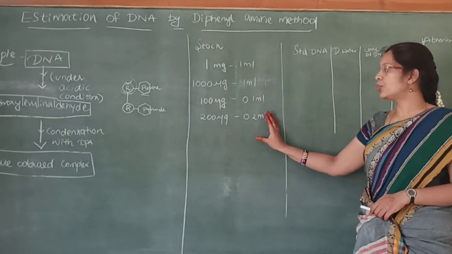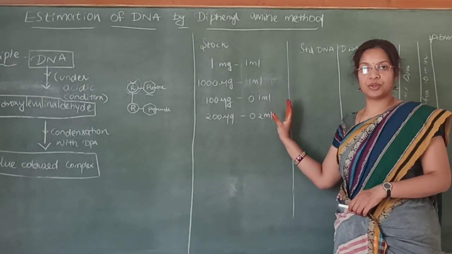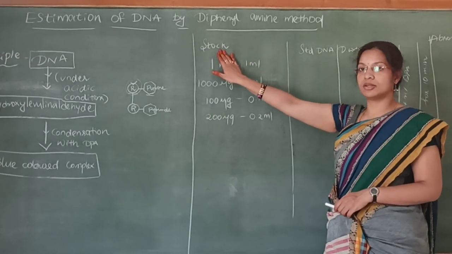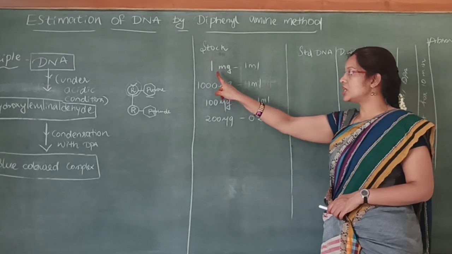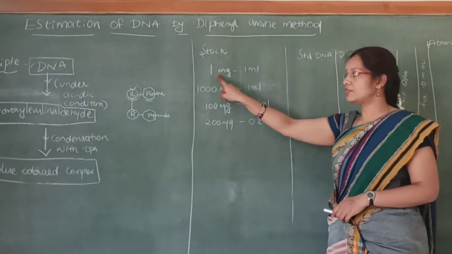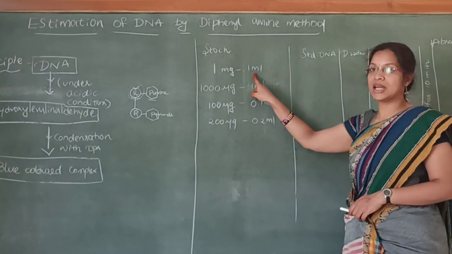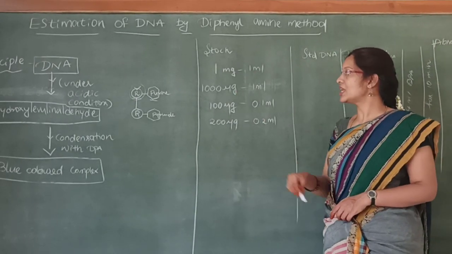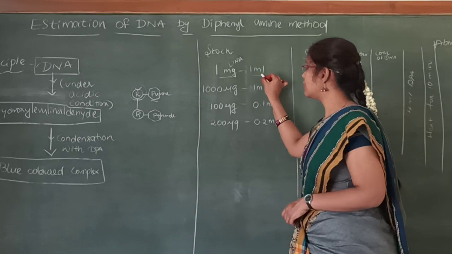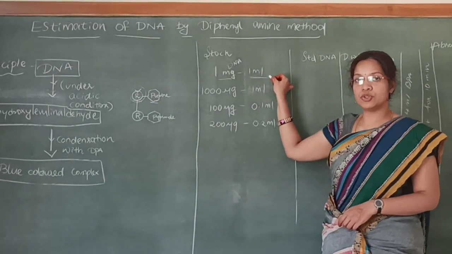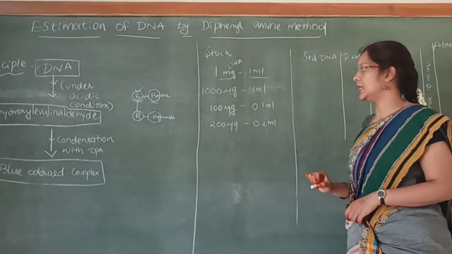The second important solution that you need to prepare is stock standard DNA. The concentration of stock standard DNA will be 1 mg per 1 ml, which means 1 mg of DNA will be present in every 1 ml of the stock standard DNA solution.